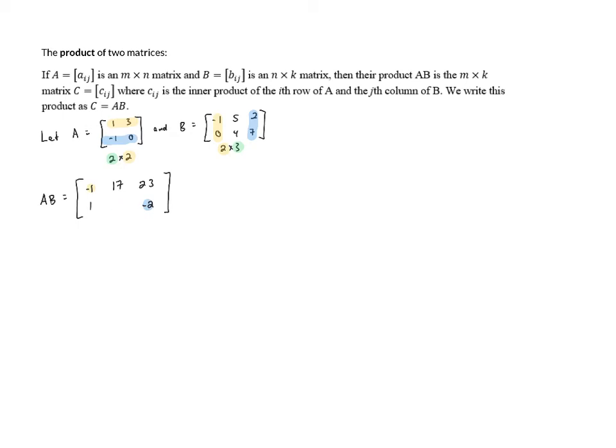And then for this element, we're in the second row, second column, so we take the inner product of the second row of A with the second column of B. Negative 1 times 5 is negative 5, 0 times 4 is 0, and negative 5 plus 0 is negative 5. So this ends up being our product A times B.